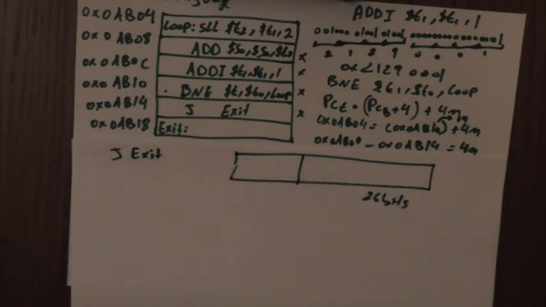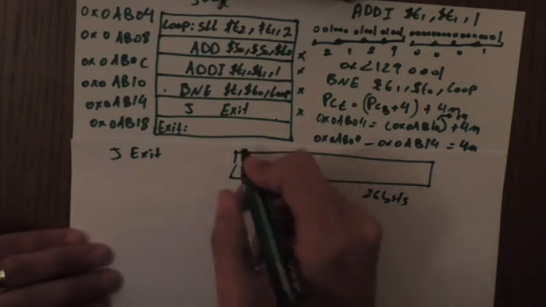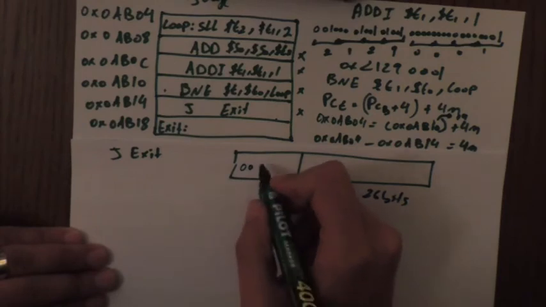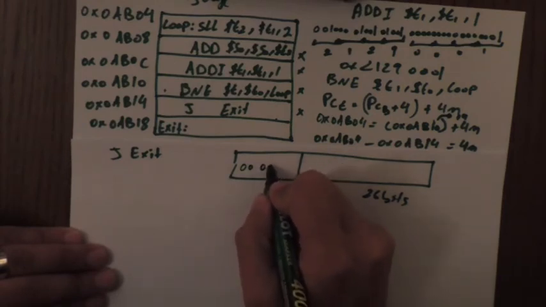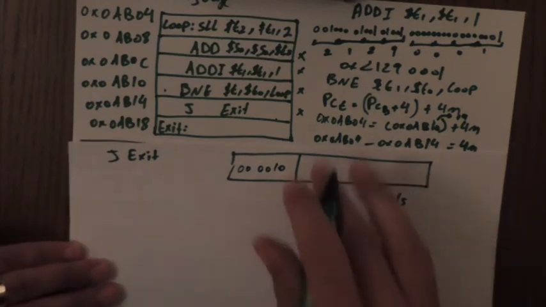If I search for the jump instruction, it has 2 hex. So 2 hex is like this. We have this to hex, and now we need to calculate the 26 bits.